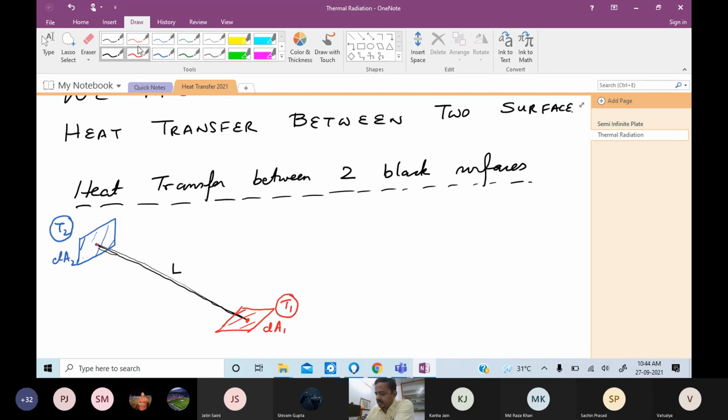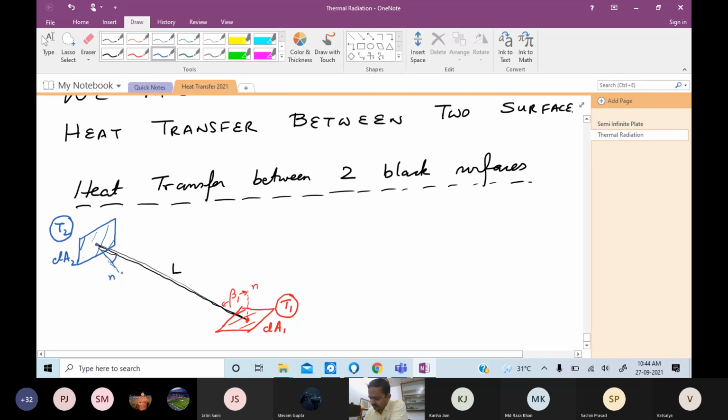Let us draw the normal. So this is the normal to the surface dA1. Let us say this angle is beta 1. And similarly, this is the normal over here.